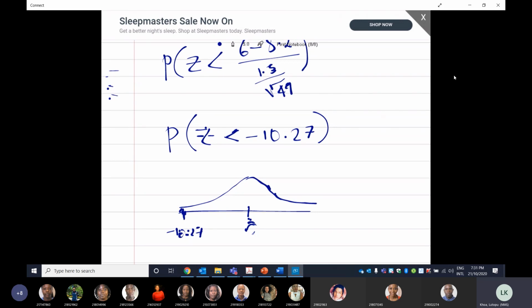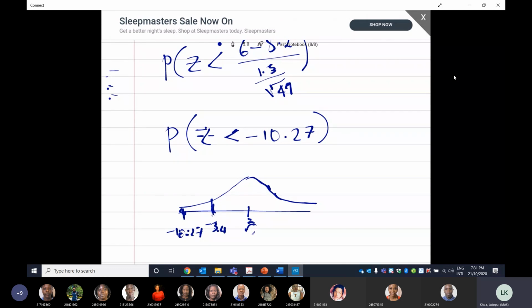So again, here you can see that the area is so small. Our table starts reading from somewhere here, which is negative 3.4, and everything after that is approximately equal to 0.